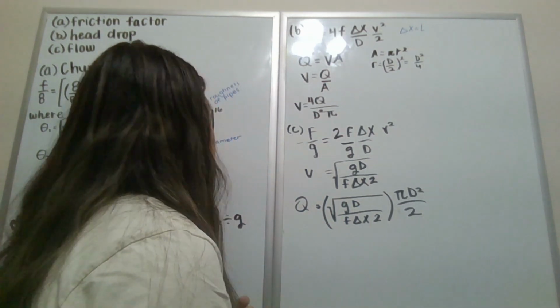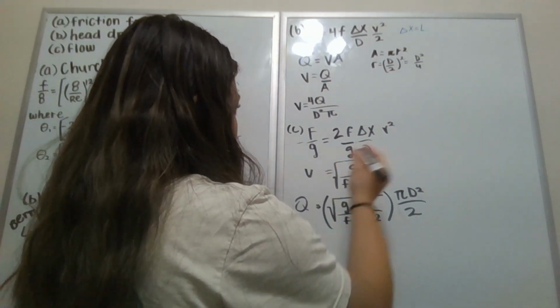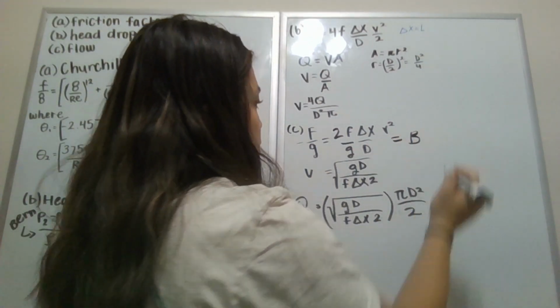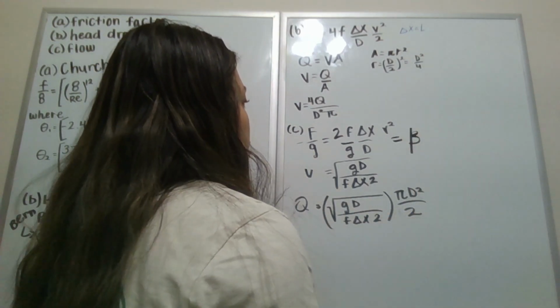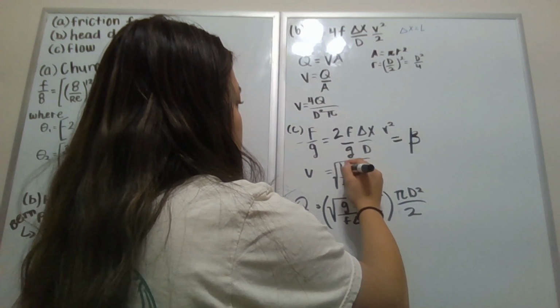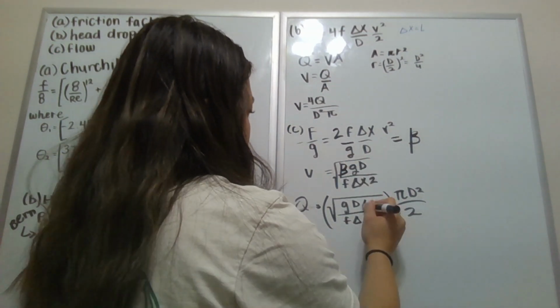That's how we're going to get the flow from the head drop. And if we were to define that as an arbitrary term, beta, we would have to incorporate this into our equation here, and then ultimately here.